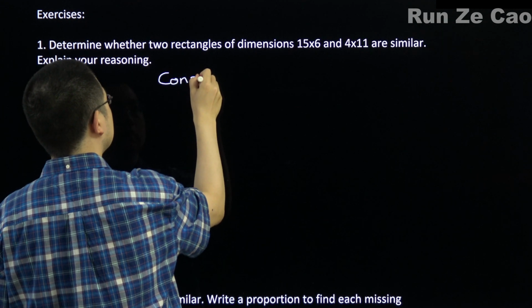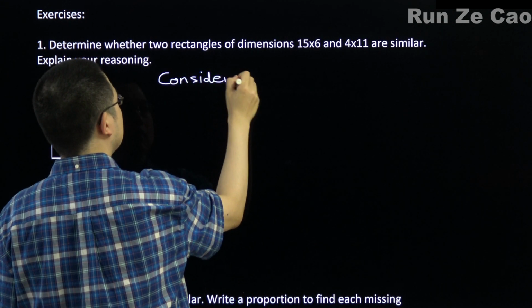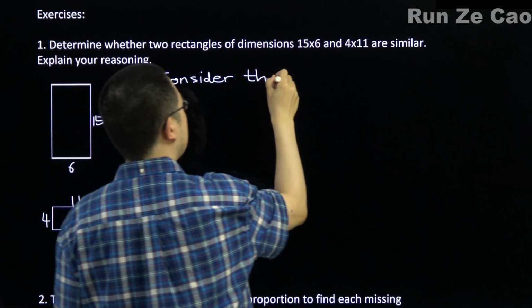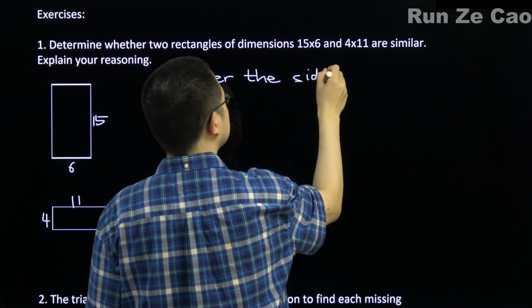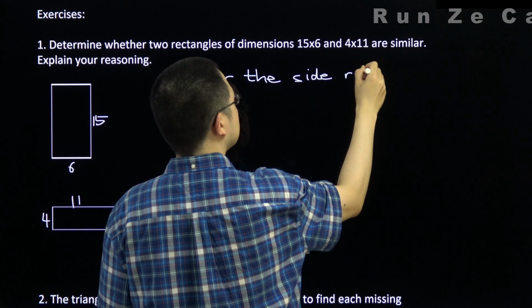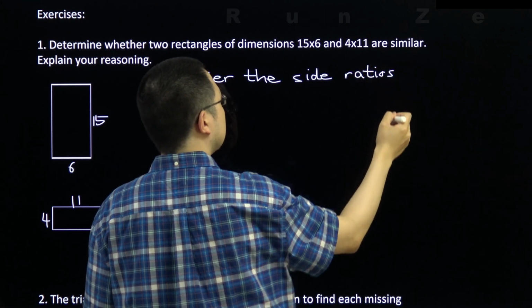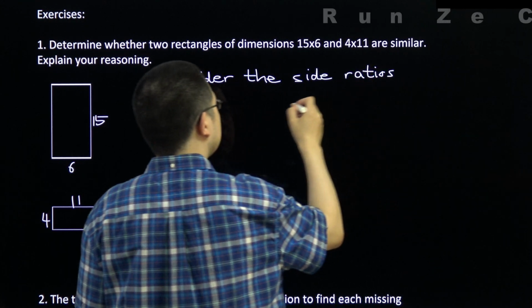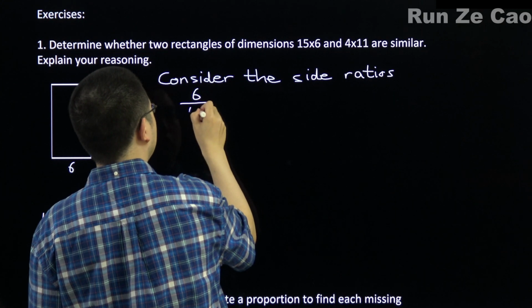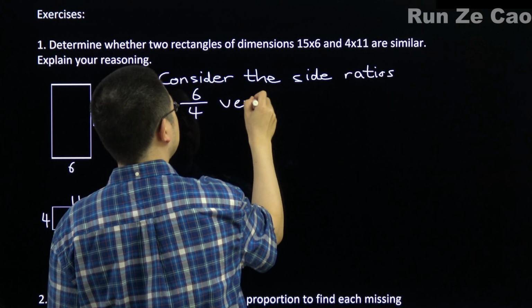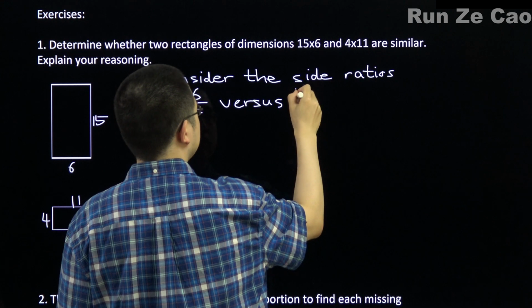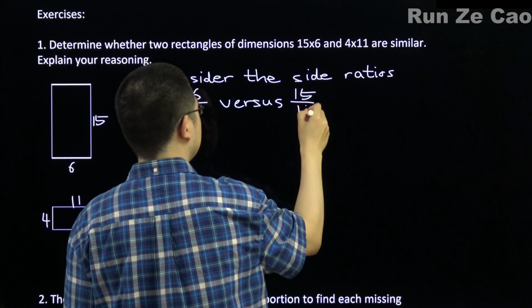Consider the side ratios: 6/4 versus 15/11.